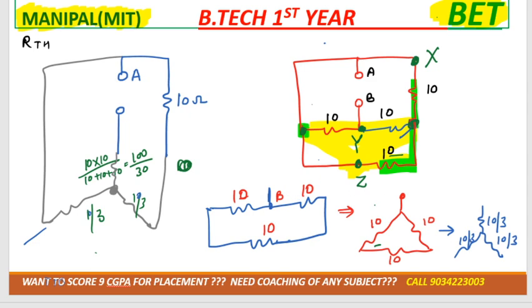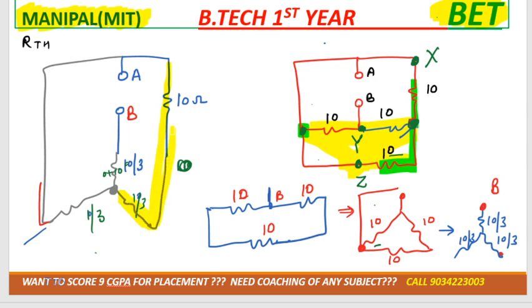Correct? So one of the points is connected with B, that I have connected with B. Another point, as you can see, is connected indirectly with A. So another I connected with A and another point I connected over here. Okay? This one and this one are on the same path. They are in series.